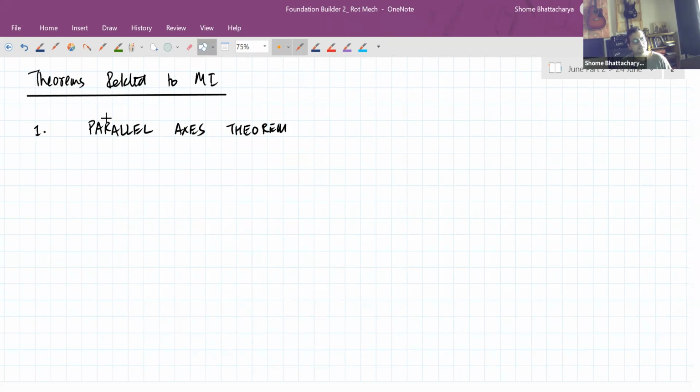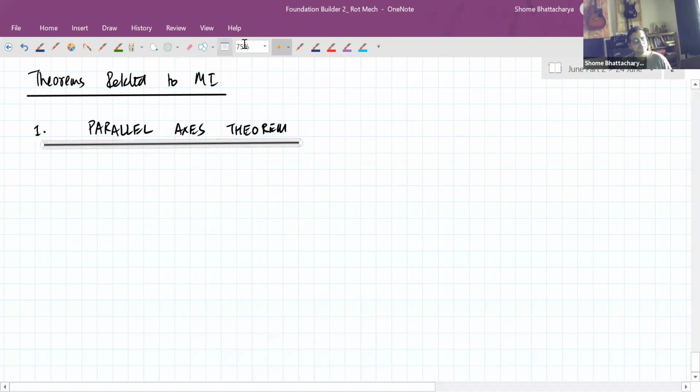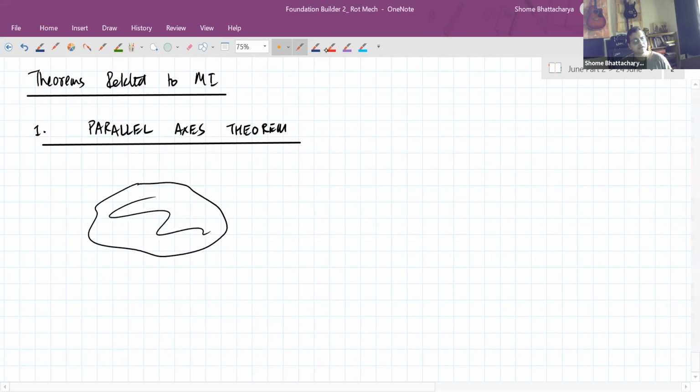Let us understand the theorem first and its statement, then we will come to the proof of it. So basically, if we have any rigid body and we know the moment of inertia about some axis which is passing through its center of mass.